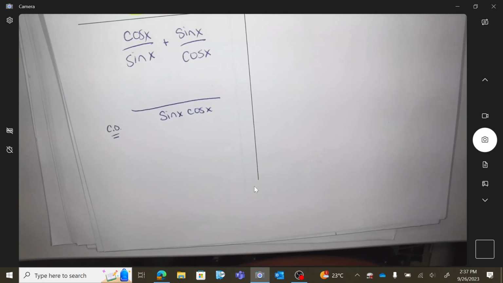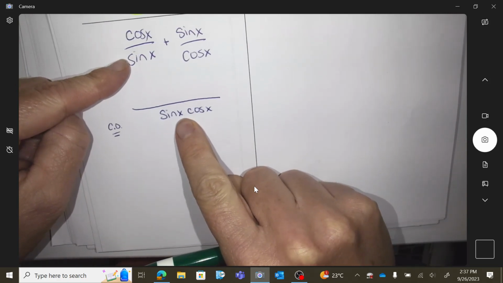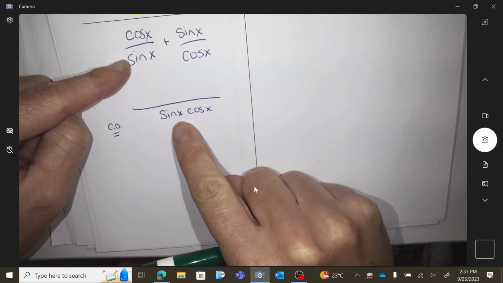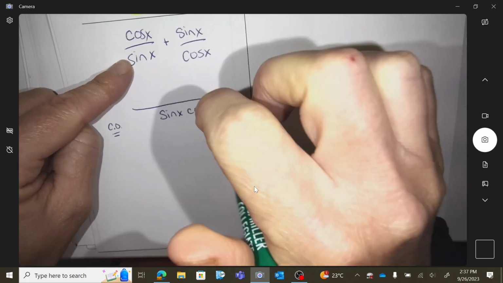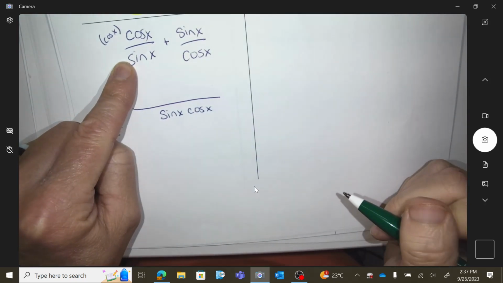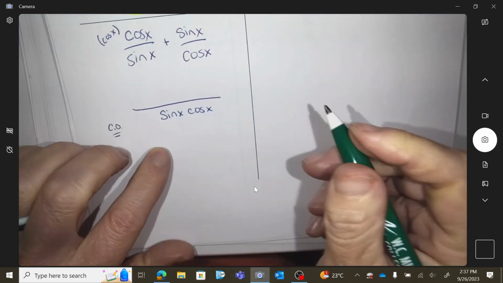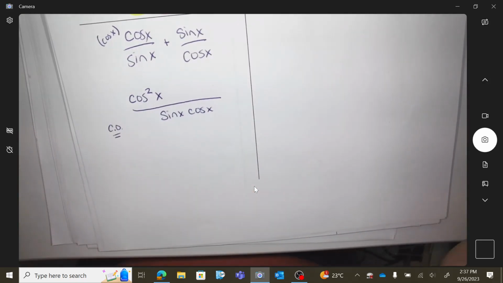Okay, so if I look at this fraction and then what we turned it into, what would we have to multiply by? From here to here, what happened to the bottom? We got times by a cos, so I would need to times the top by a cos as well. So what does that make? Cos squared x.